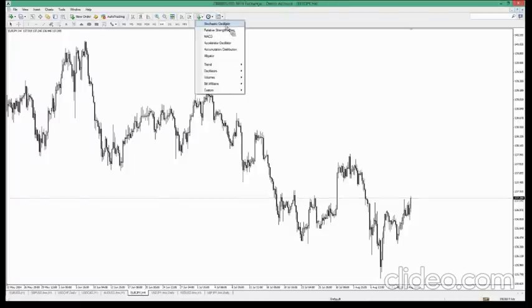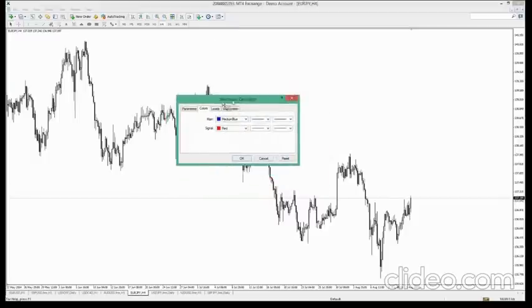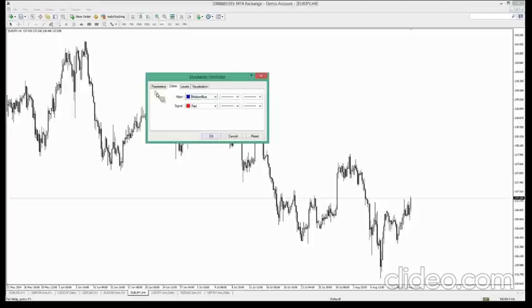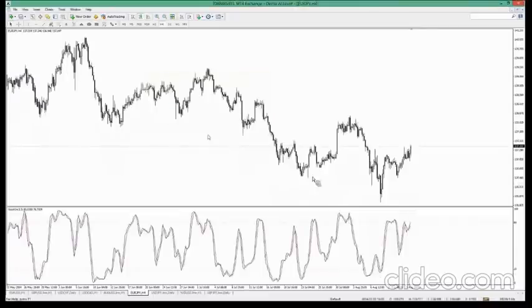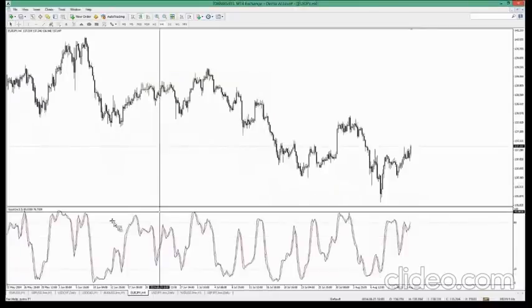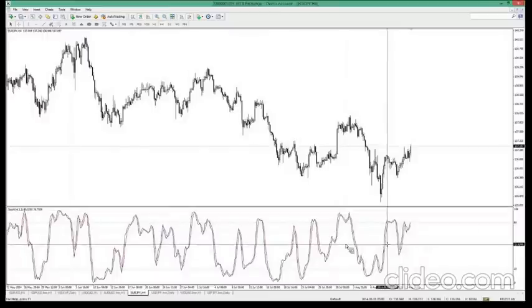You can find this on other indicators, I just find stochastics probably the easiest one. In terms of the parameters, the standard is 5-3-3. I'm using a 14-3-3 setting. So I'll click OK, and that's what you're looking at, basically this indicator right here.